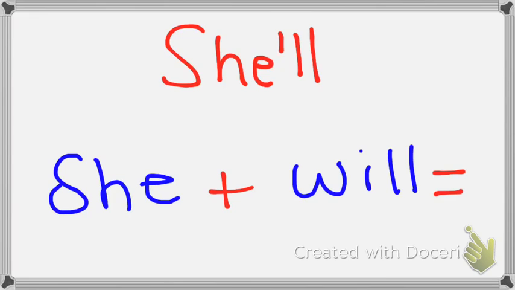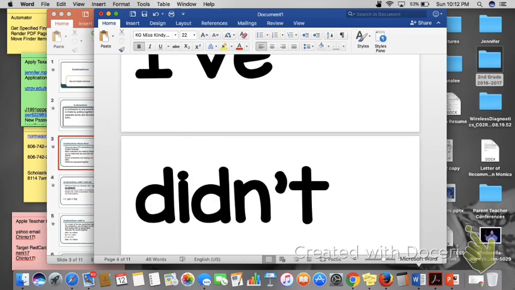But as you can see, W-I is not right here. So the apostrophe takes the place of the W and of the I. And all I use are the L's at the end, the double L at the end. So all of our words for this week consist of that.